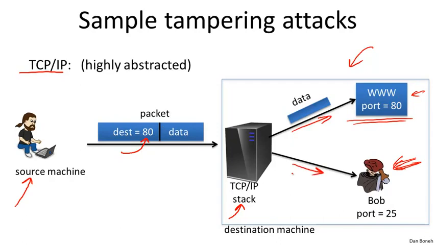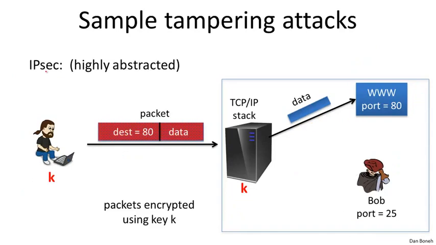Now a fairly well-known security protocol called IPsec encrypts these IP packets between the sender and the recipient. Here the sender and the recipient have a shared key. When the sender sends IP packets, those IP packets are encrypted using the secret key K. When a packet arrives at the destination, namely the server, the TCP/IP stack will decrypt the packet, and then look at the destination port and send it to the appropriate place, decrypted.